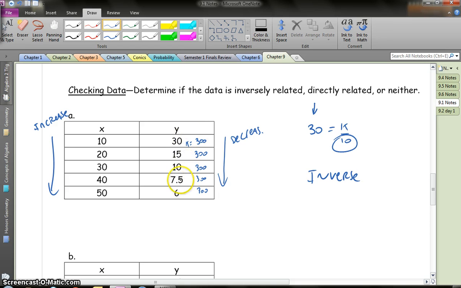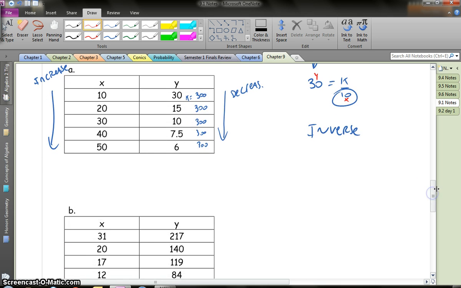As the denominator gets smaller, my y value is going to get larger and larger. So as your denominator gets bigger, your y gets smaller. Makes sense.